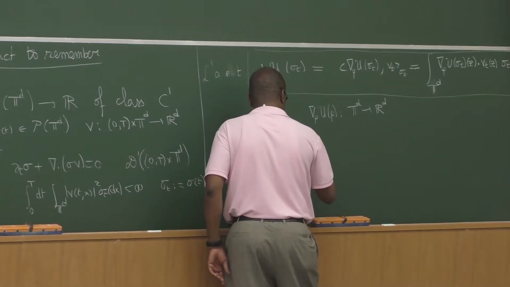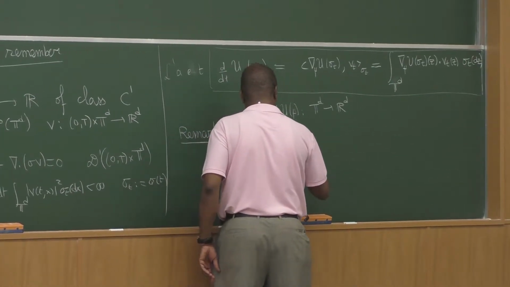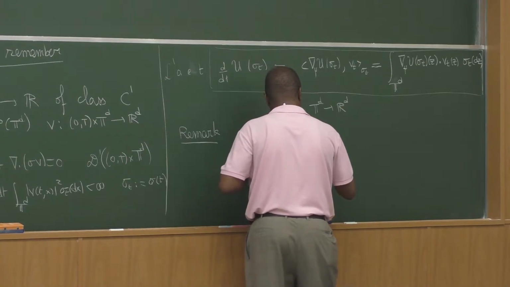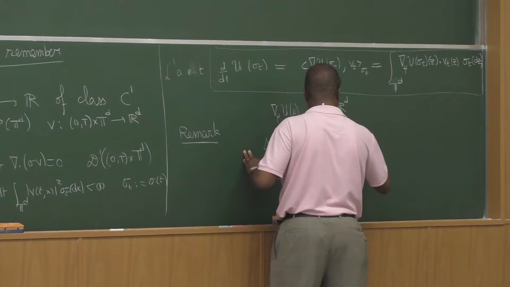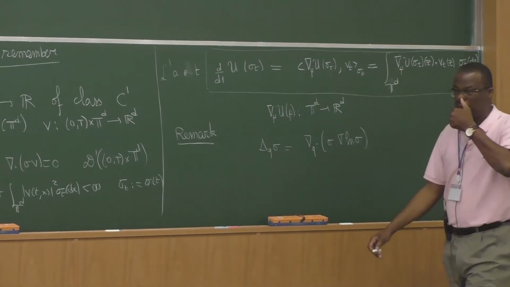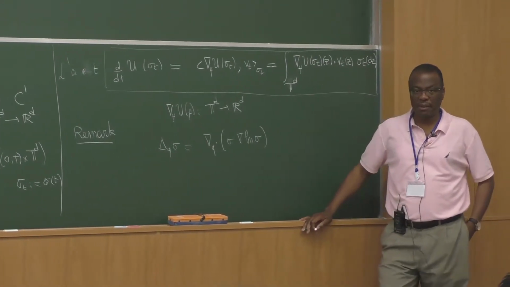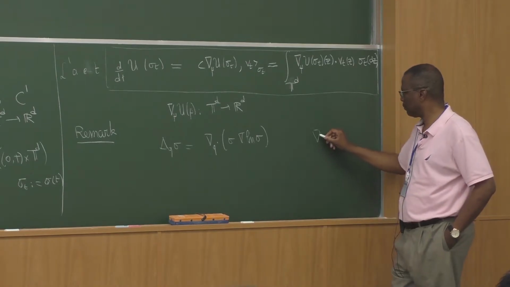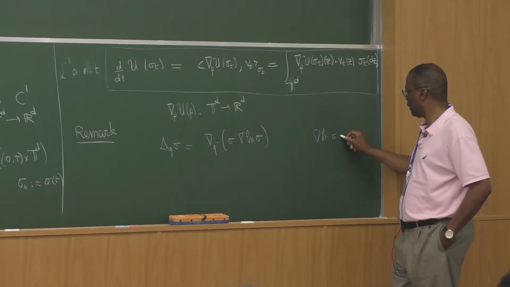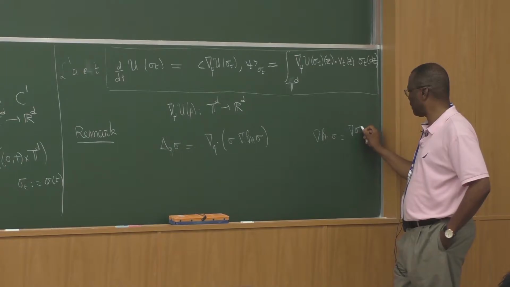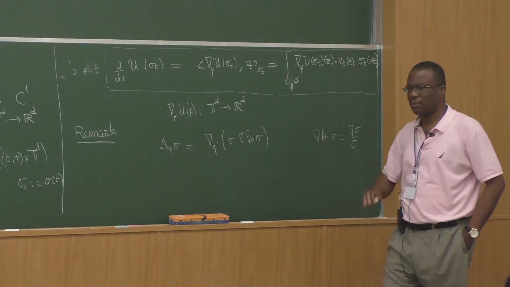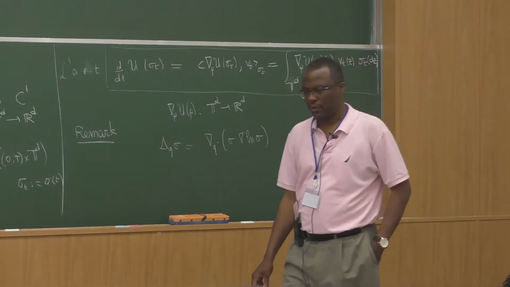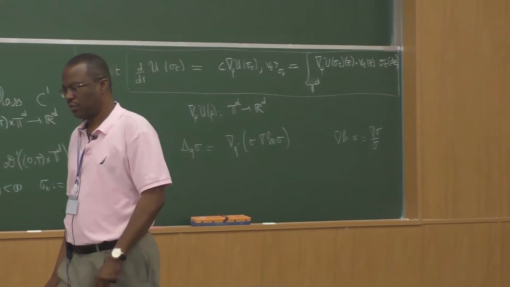If you compute the Laplacian of sigma, this is the divergence of sigma, the gradient of log of sigma, because the gradient of log of sigma is the gradient of sigma divided by sigma. And so if I multiply by sigma, I get the divergence of the gradient of sigma.